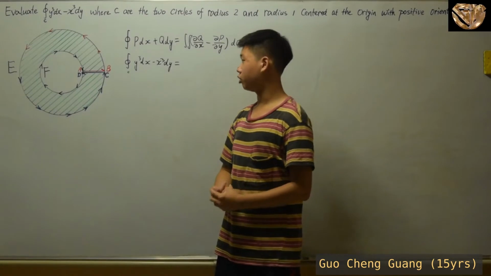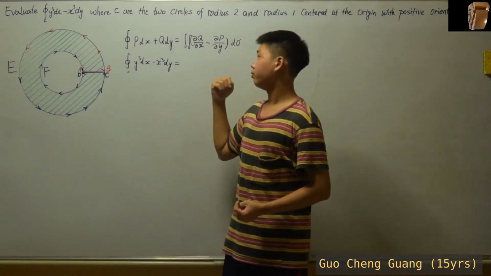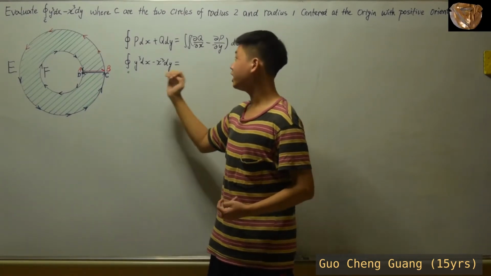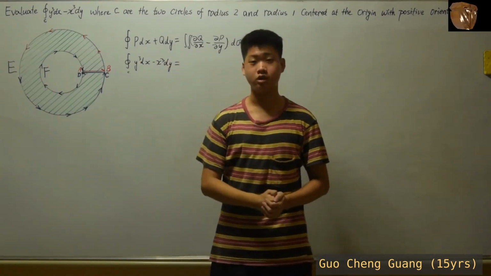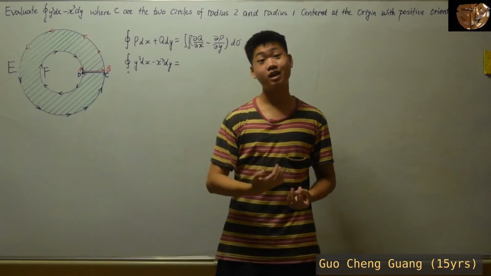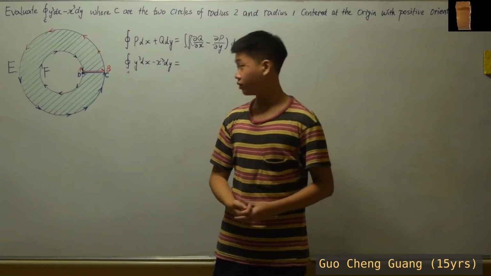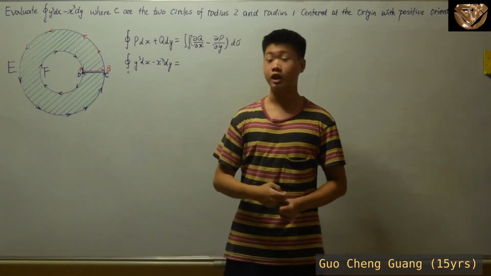Now, what happened before was, we changed all of this line integral into multiple integrals. If you want to see how exactly we did it, you can go back to the previous lesson to watch it again.